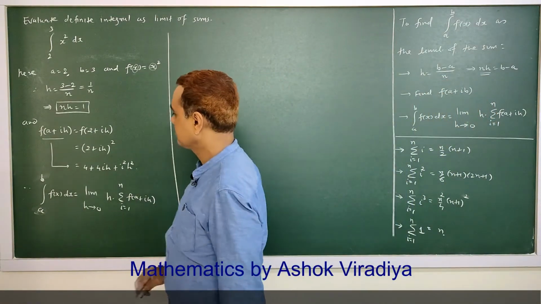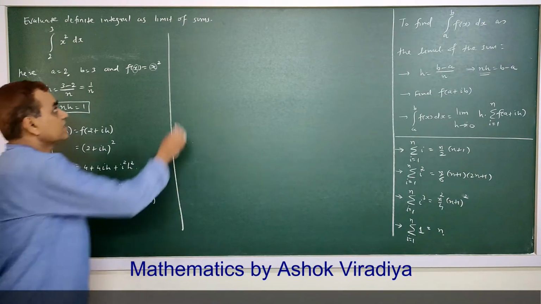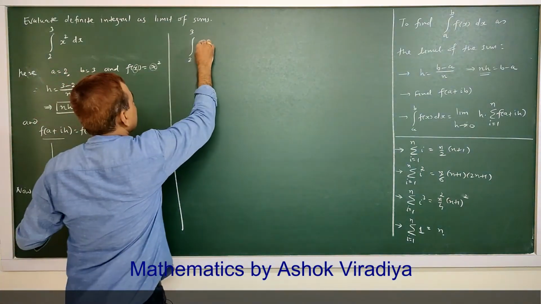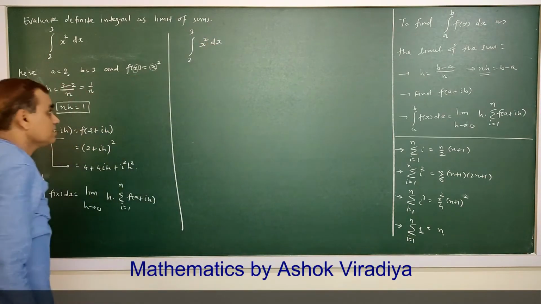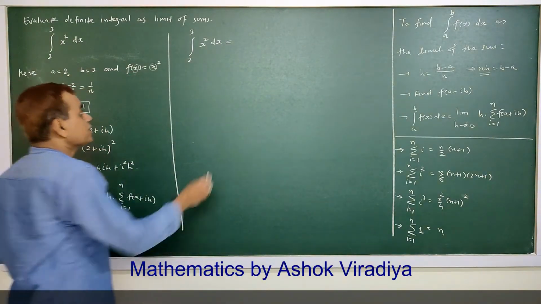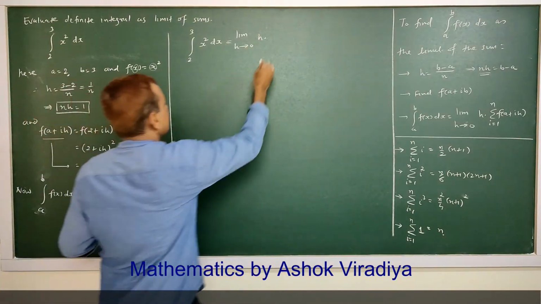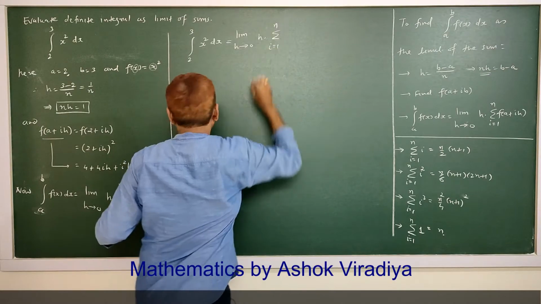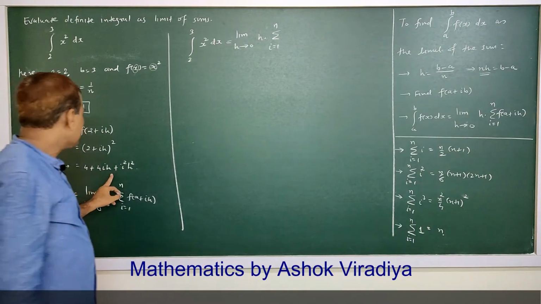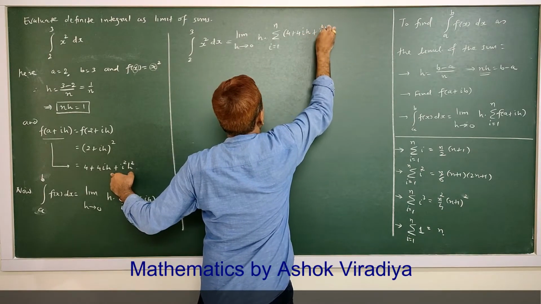Putting these values in the formula, a to b, that is 2 to 3, f(x) is x square, dx, it is equal to the limit as h tends to 0 of h into the sum, i equal to 1 to n, of f(a + ih). f(a + ih) is 4 + 4ih + i square h square.